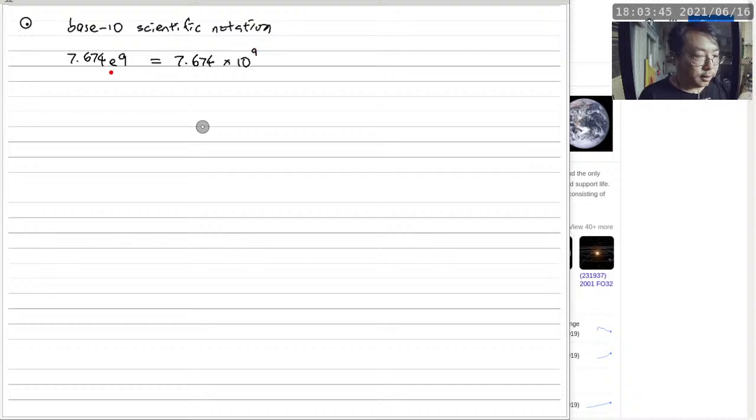This little e here is really just a separator, so that we can separate what we know as the mantissa versus the exponent. And because we are using base 10, this is an exponent of 10, which is how much we raise the power of 10 to. Is that okay? Does everybody understand this particular example?